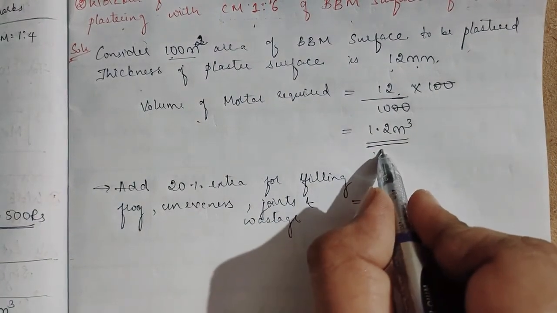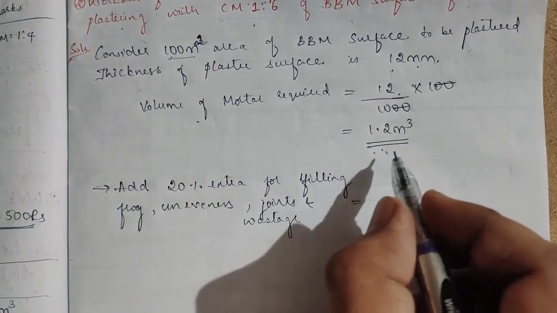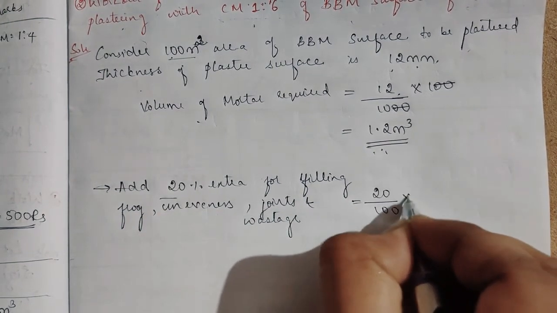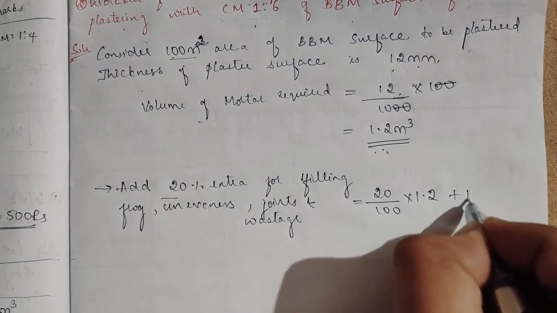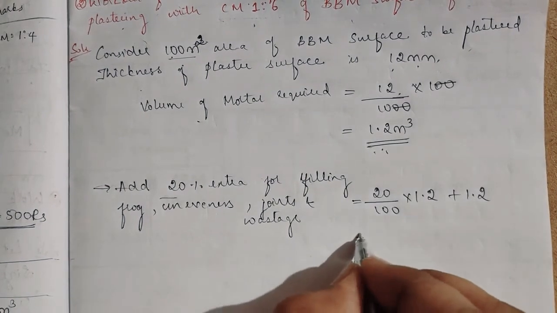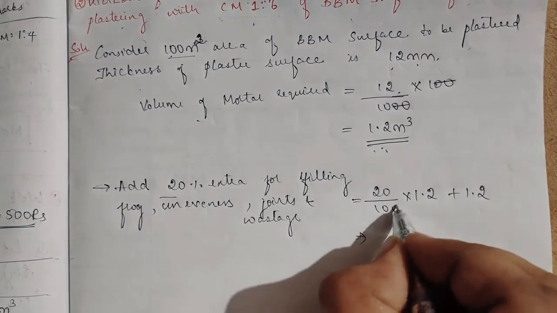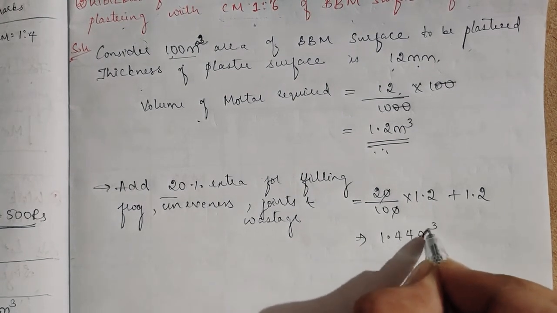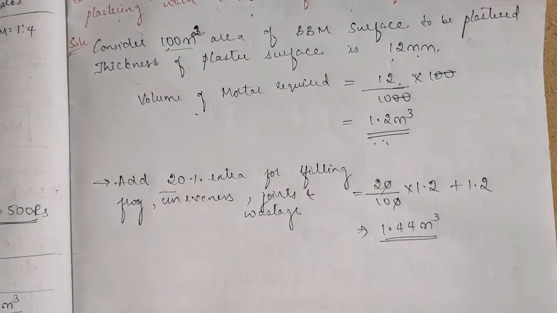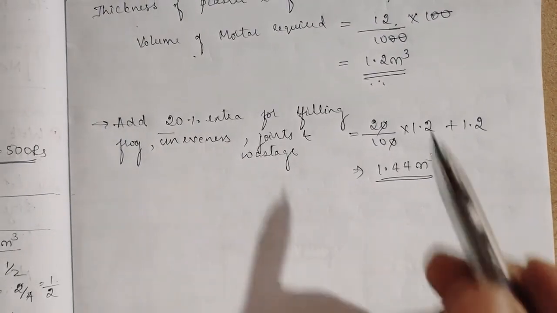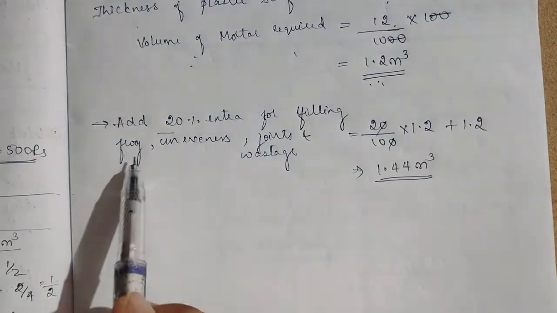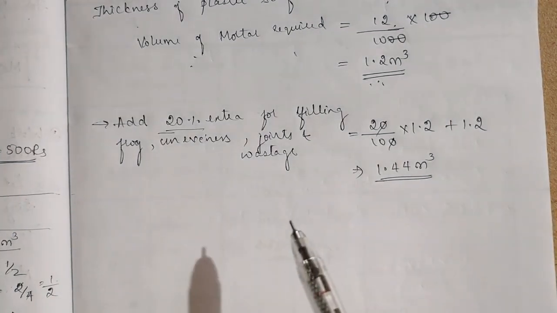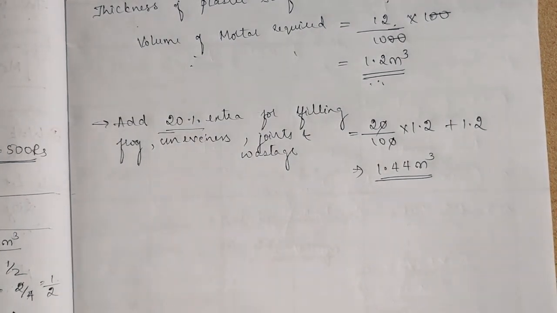So for this volume I'll add 20% extra, that is 20 by 100 of that volume plus the volume, so it will be 1.44 meter cube. Having calculated the volume of mortar required, I added 20% extra for frog filling, joints, wastage. From 15 to 20% we can add.